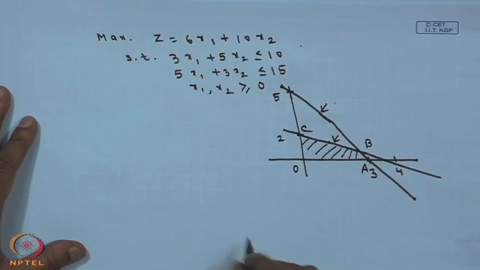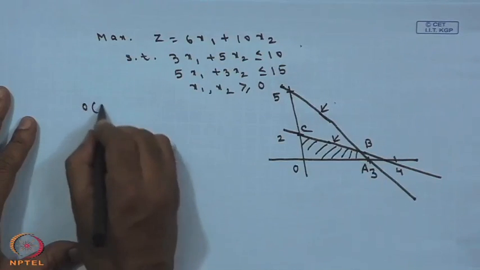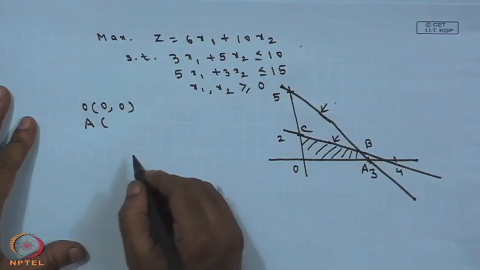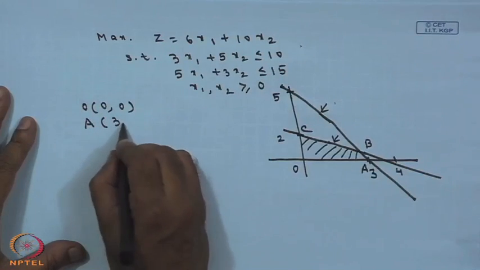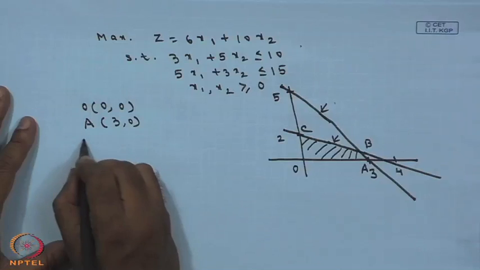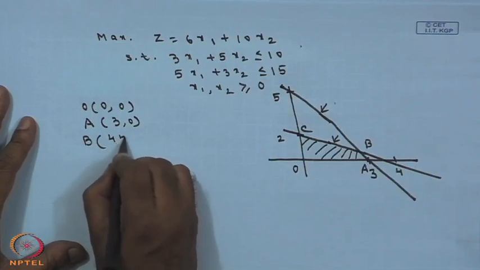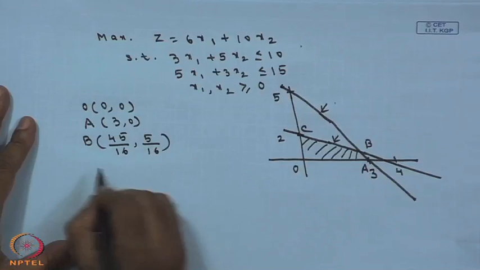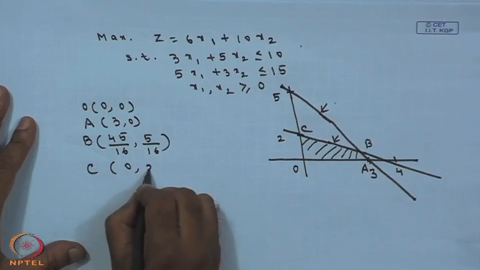If I calculate O, A, B and C: O is (0, 0), A is (3, 0), B is (45/16, 5/16), and C is (0, 2).